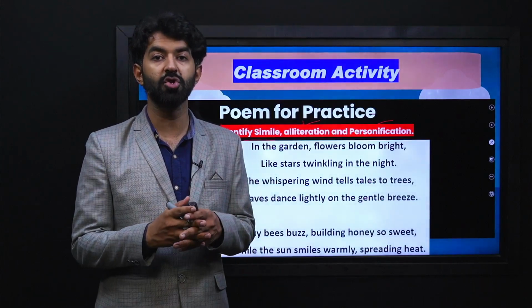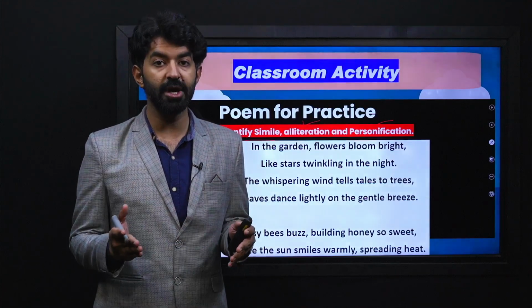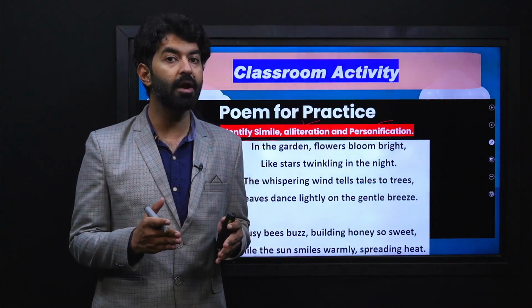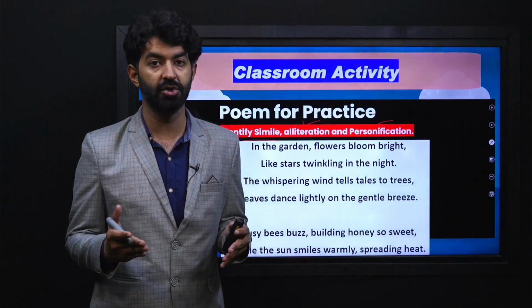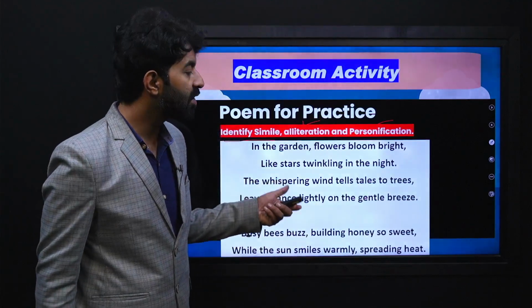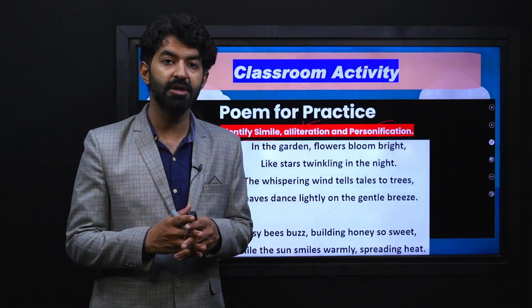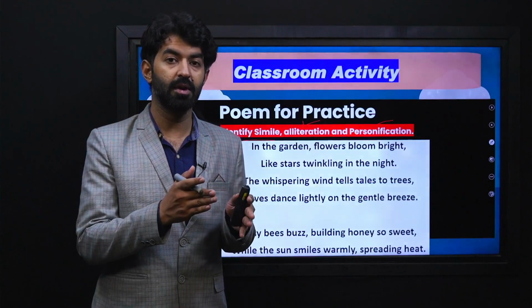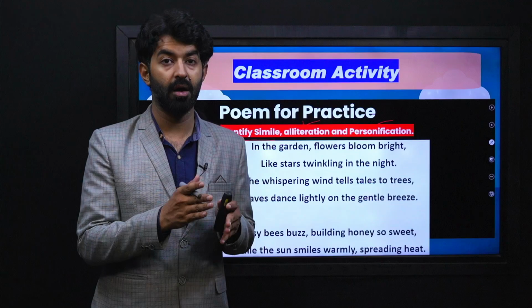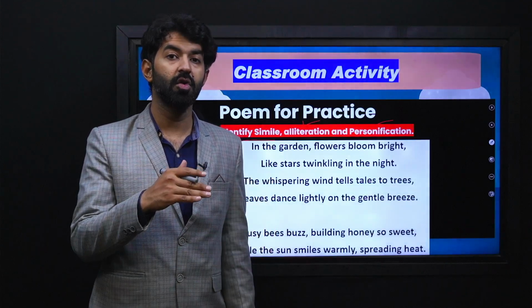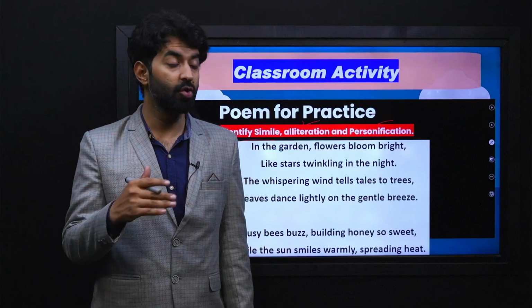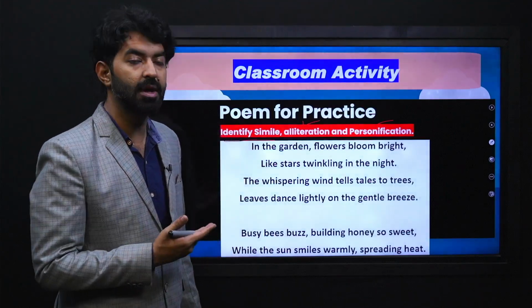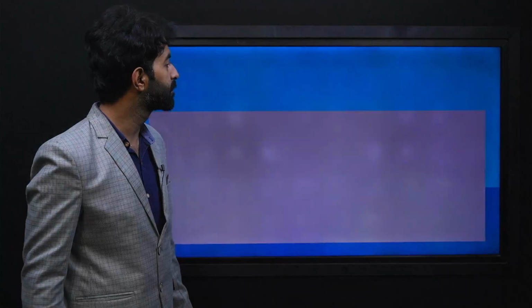Personification, where we personify inanimate objects with human-like qualities and human emotions or gestures. And finally, alliteration, where the consonants are repeating over and again in the line, starting with the first letter of the word. So you can easily identify all these 3 in the poem given below.